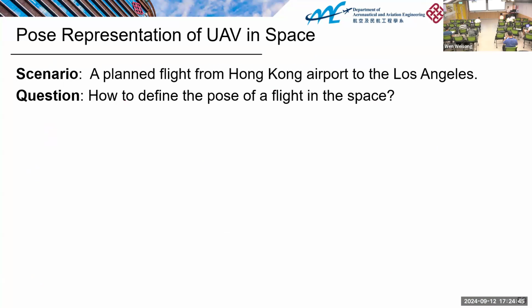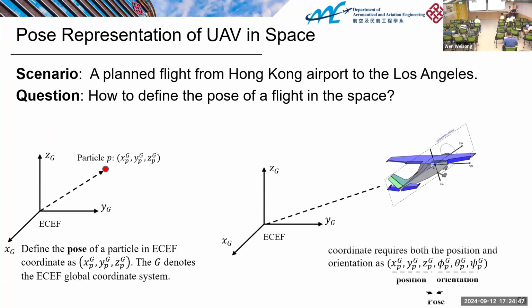Okay, so let's go back. I just mentioned, for example, if you want to determine the pose, the pose includes the position X, Y, Z together with the orientation, which includes the pitch, roll, and yaw. So you need three additional variables to represent the pose.